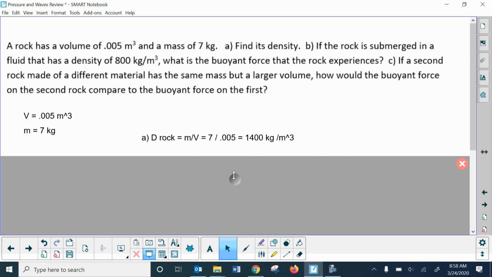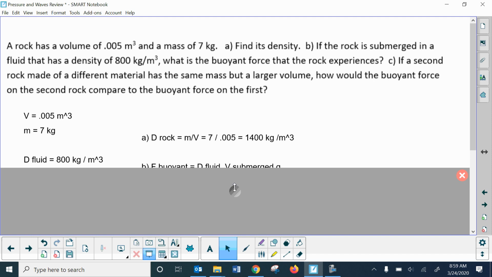So just straight division. Next, it asks if the rock is submerged, so being submerged, you mean the volume is totally in the water or the fluid, that has a density of 800 kilograms per meter cubed, what would the buoyant force that it experiences be? So the only new piece of information they give you is 800 kilograms per meter cubed, which is the density of the fluid.